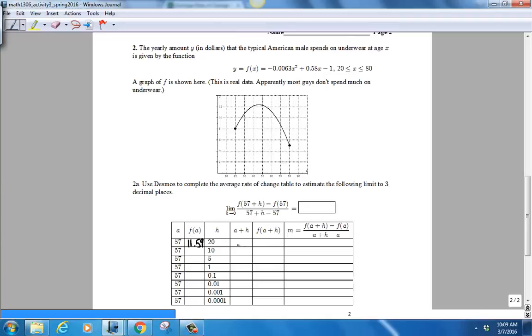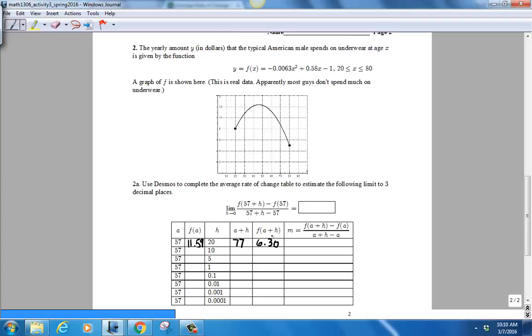And then A plus H was 77, because A is 57 and H is 20. And then F of A plus H, what you get when you plug 77 into the formula, we can do that by hand, but that showed us it was 6 something, 6.30. So about 6.30.